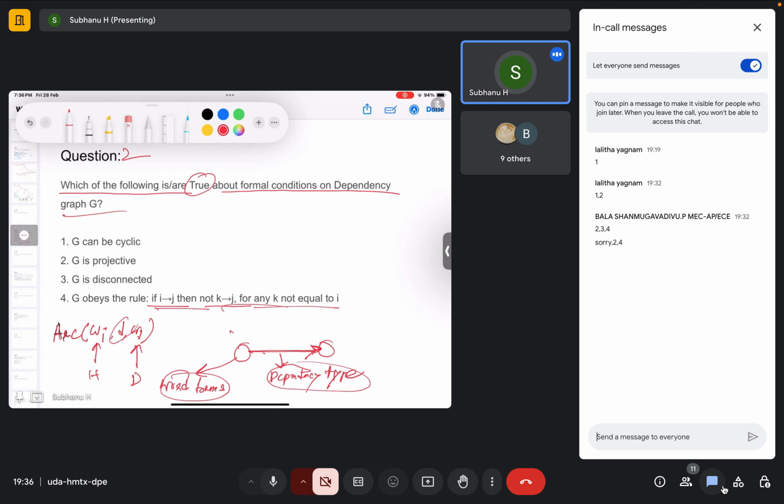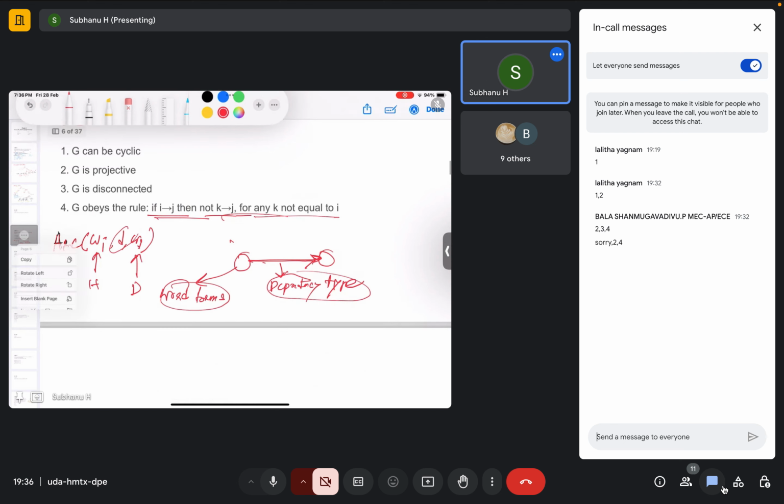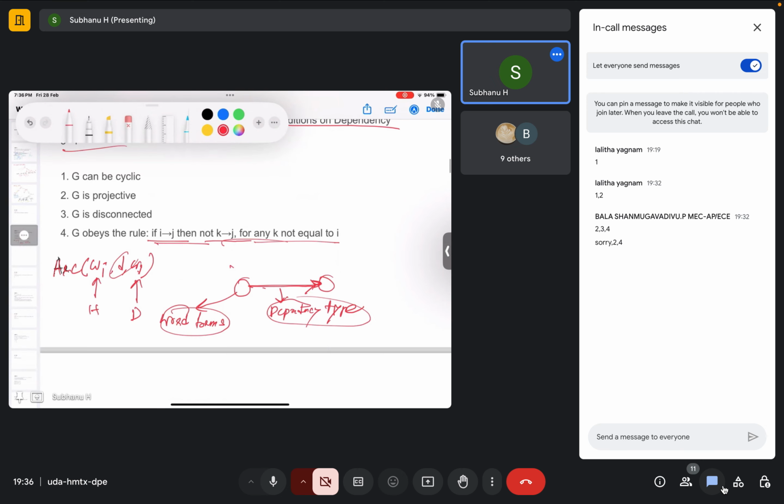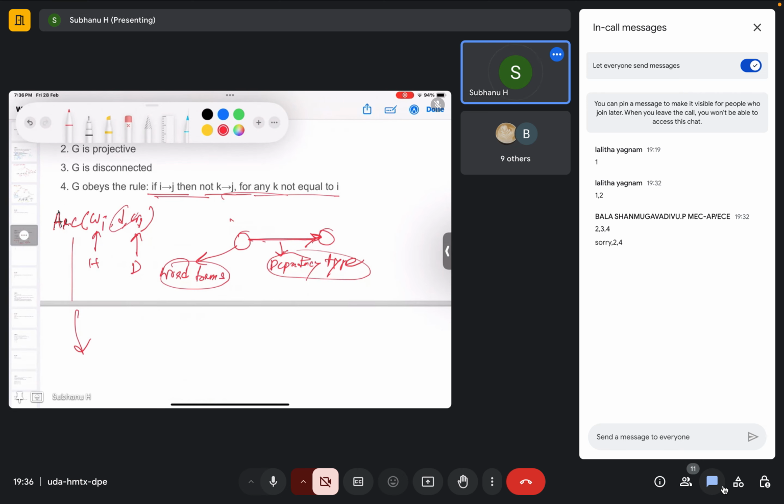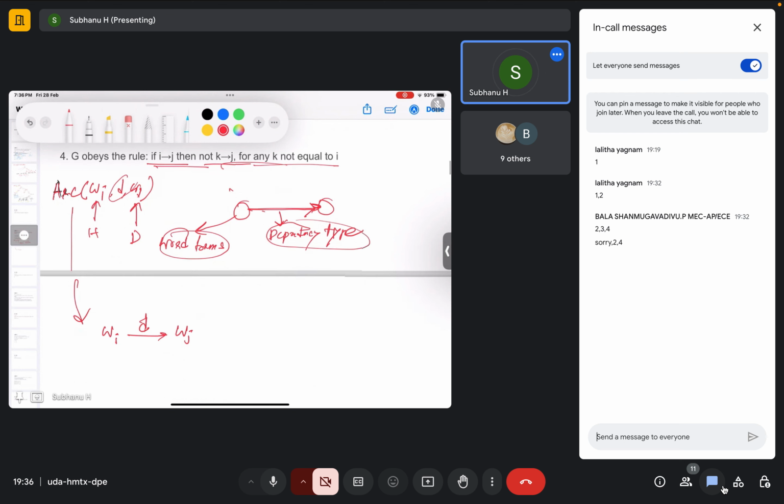So d is the label. I can represent this as wi, where wi is the head and wj is the dependent, and d is the label. Got it? That means i to j, ij belongs to A. Fine.